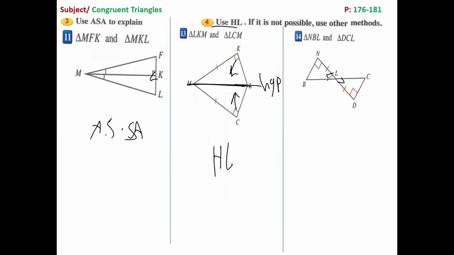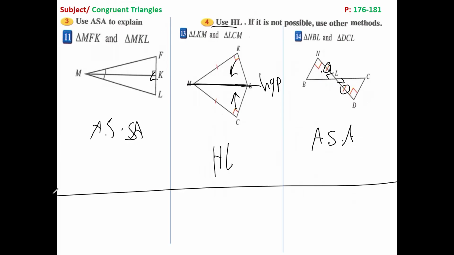So how many angles do I have now? NLB to CLD, this and this one. Then do I have common line or not? Yes. So in this case it will be angle, side, angle. So that's how you're going to find each of them.